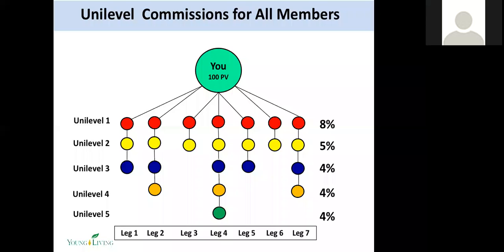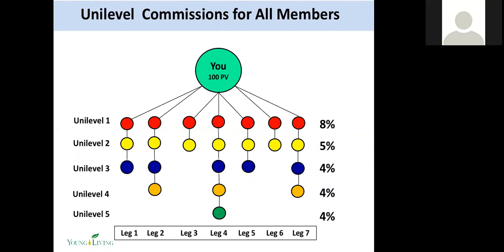Young Living uses a unilevel hybrid breakaway plan. Primarily we refer to our compensation plan as a unilevel plan, but it does have a component of a breakaway. That's why it's a hybrid, and we will talk about what that breakaway looks like. We use different terminology with our compensation plan, but in the industry, that's what it's known as.